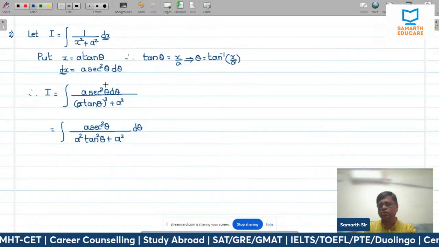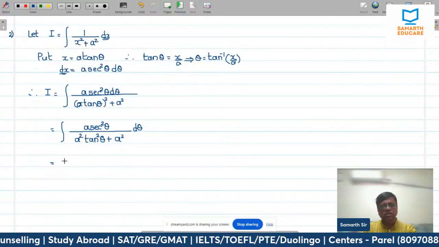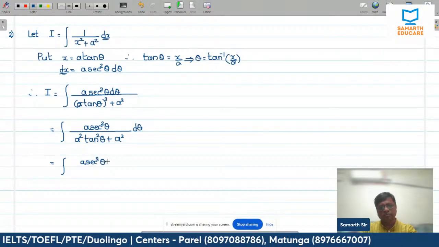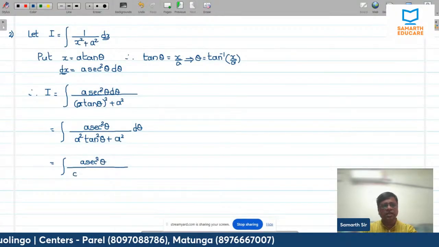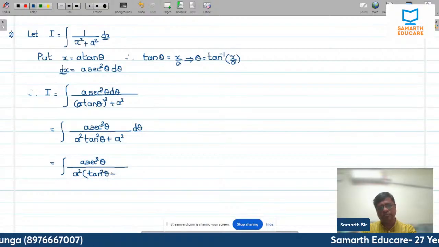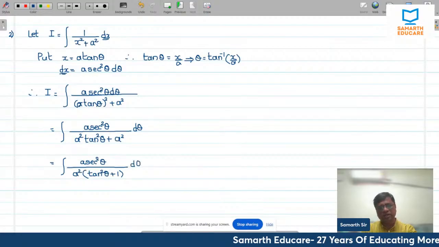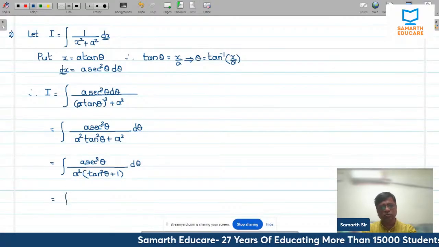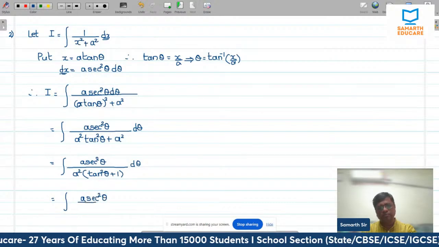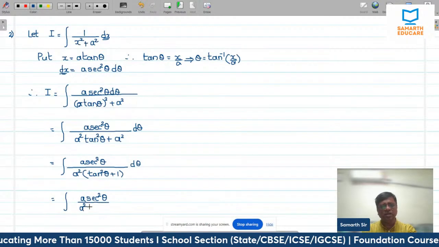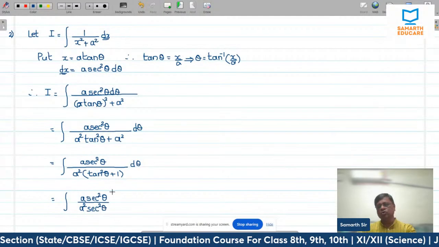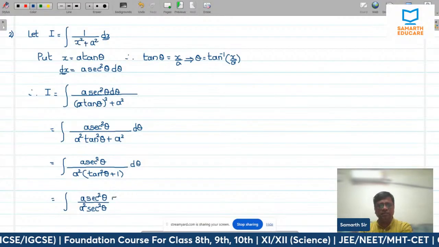Do not worry, I took theta aside. Now that is equal to a sec square theta, if I take a square common, in the bracket it will be tan square theta plus 1 d theta. Now that is equal to a sec square theta divided by a square into 1 plus tan square theta. According to the basic identity of trigonometry, it is also equal to sec square theta d theta.